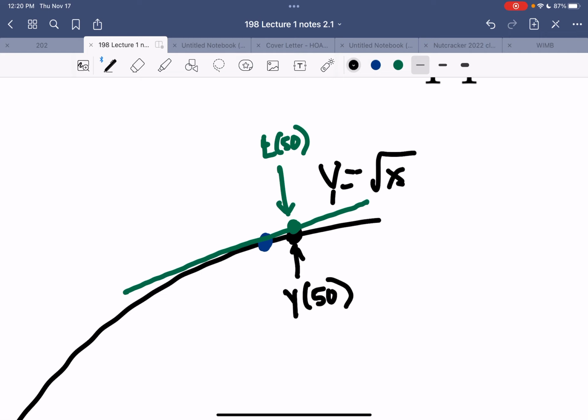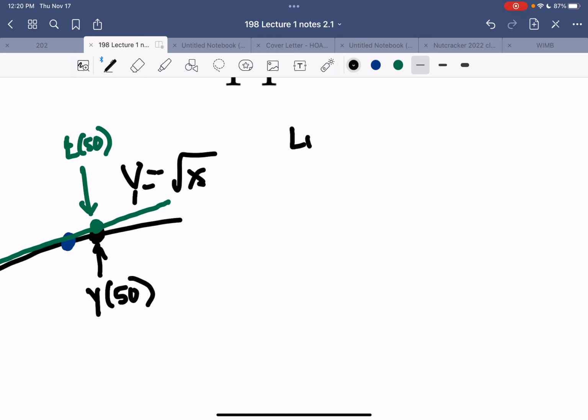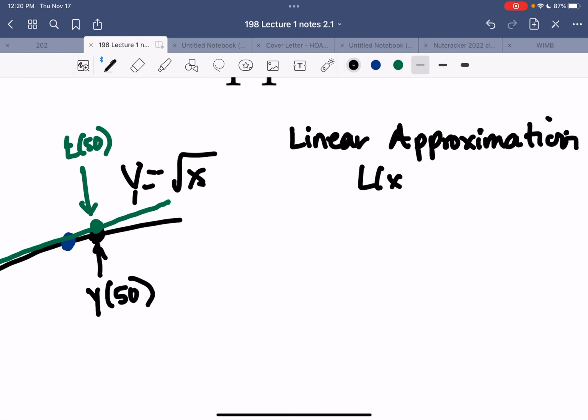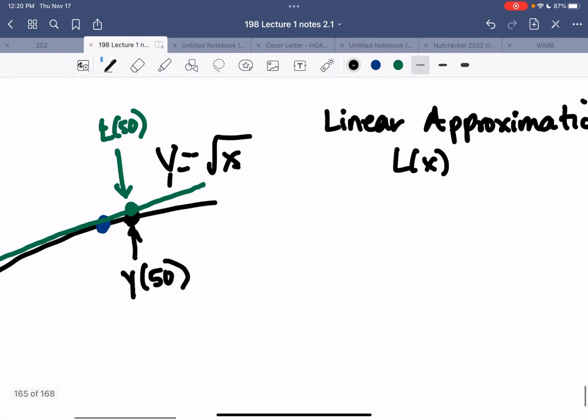So that's the exact value. And the L of 50 is going to be, L stands for linear approximation. So L is the linear approximation. Okay, so my L of x is this equation for the tangent line. So we just need to find the equation of the tangent line.